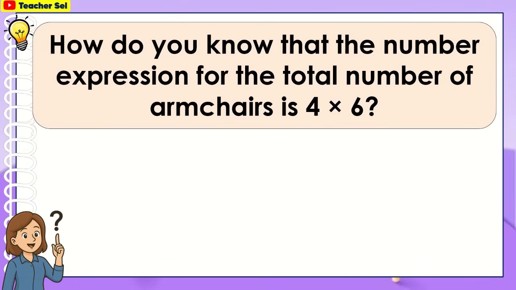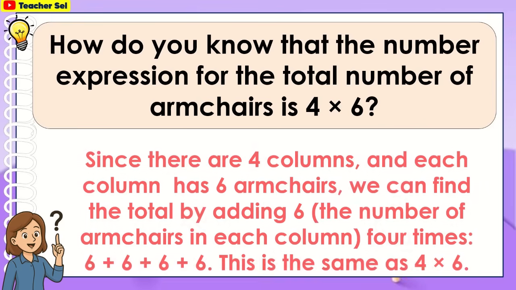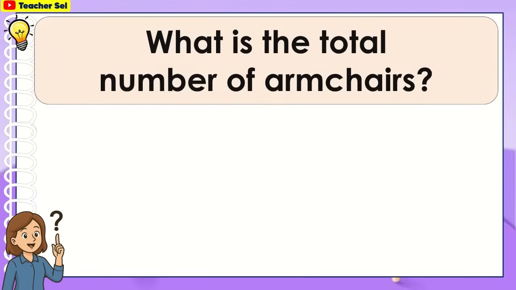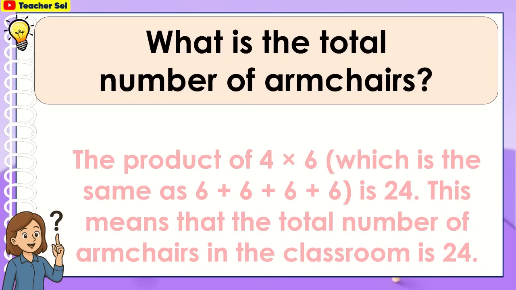How do you know that the number expression for the total number of armchairs is 4 times 6? Since there are 4 columns and each column has 6 armchairs, we can find the total by adding 6, the number of armchairs in each column, 4 times: 6 plus 6 plus 6 plus 6. This is the same as 4 times 6. What is the total number of armchairs?